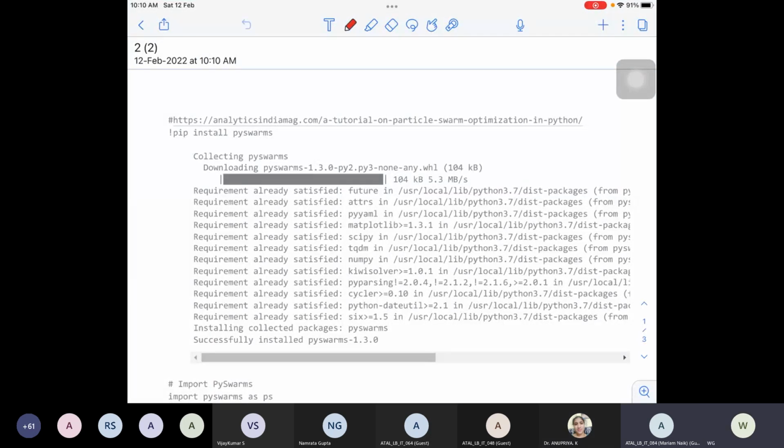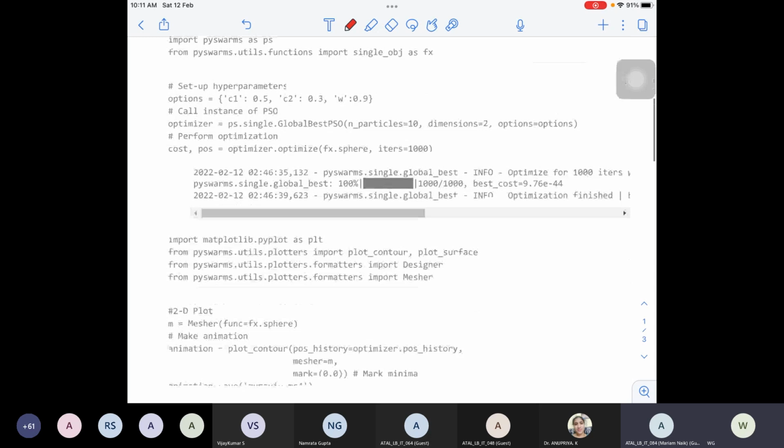So you have a library in Python called the PySwarms library. In Google Colab, you can install the PySwarms library by using this command.